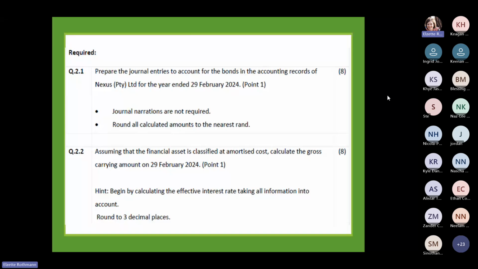Begin by calculating the effective interest rate, taking all information into account, and round to 3 decimal places. Okay, again, as I mentioned before, that is important to round to 3 decimal places, but rounding will be considered when we mark. Okay, so just bear that in mind.